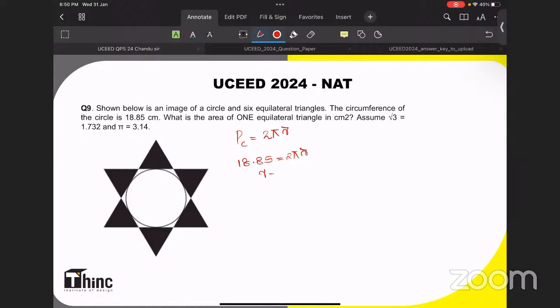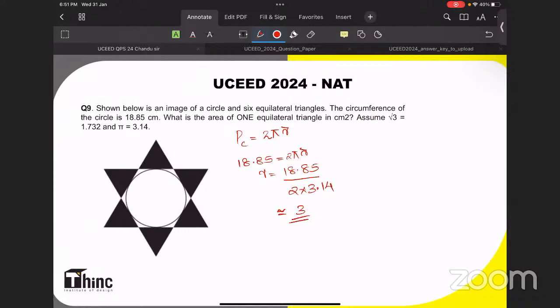So from here, r is equal to 18.85 divided by 2 into 3.14. That is somewhat equal to 3.0000 something. So it is equal to 3.